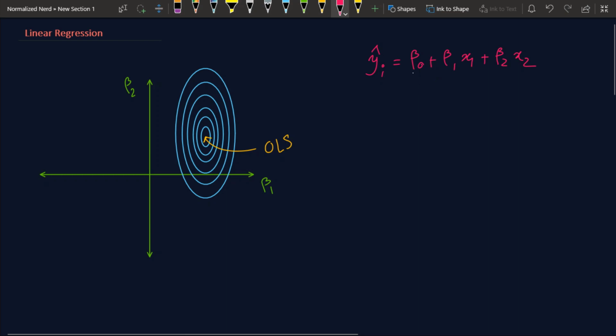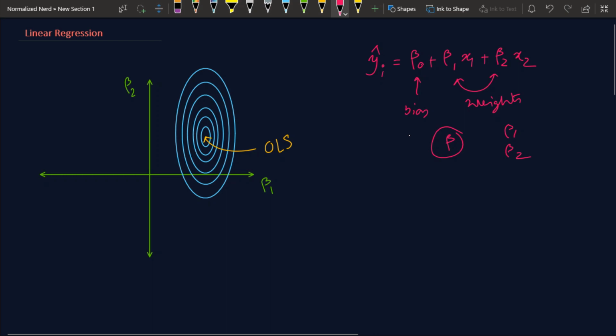Needless to say, beta 0, beta 1 and beta 2 are my parameters, and this is the bias, and these two are weights. Now throughout the video I'm gonna be referring to the vector beta as our model parameters, alright? And when I talk about weights, please remember that I'm talking about only beta 1 and beta 2, and when I'm talking about bias I'm talking about only beta 0.